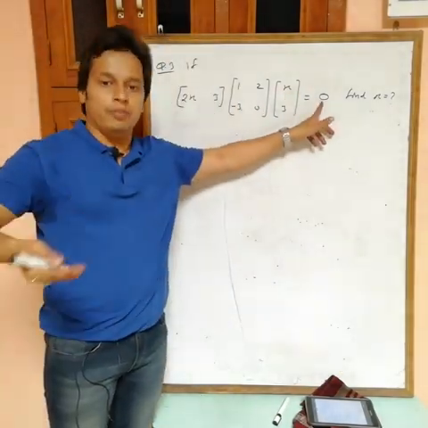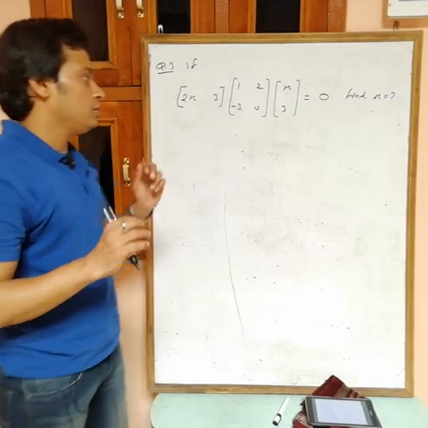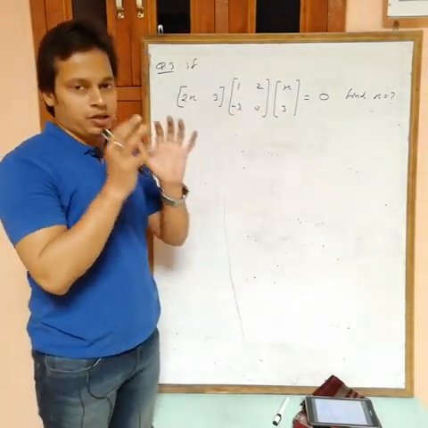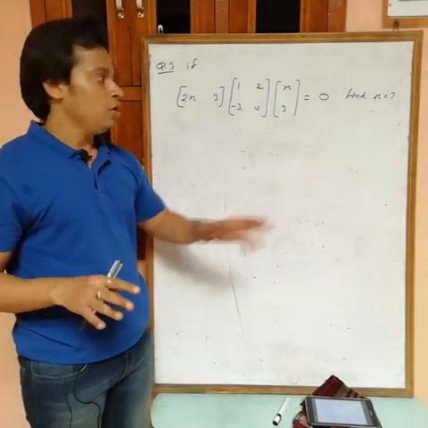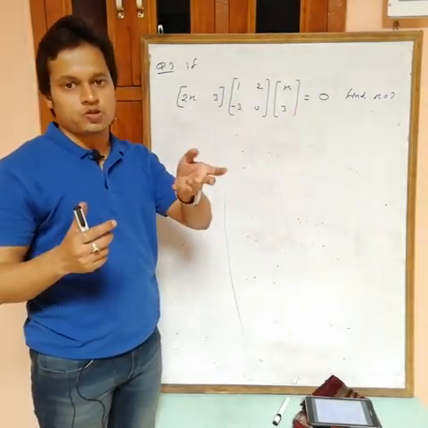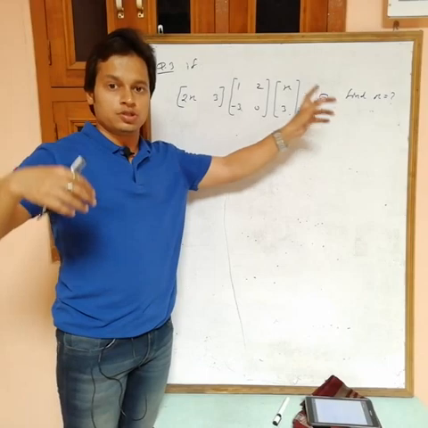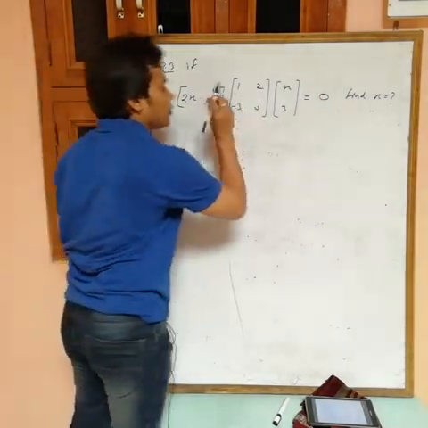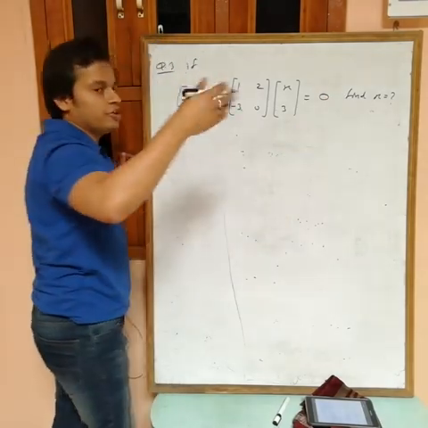This means a null matrix, not only 0. It means all elements of the product matrix are 0. On this side you will get a matrix as the product matrix, so matrix equals matrix. So this is not 0, this is a 0 matrix, a null matrix. Now this product matrix is equal to the null matrix, then find the value of x.